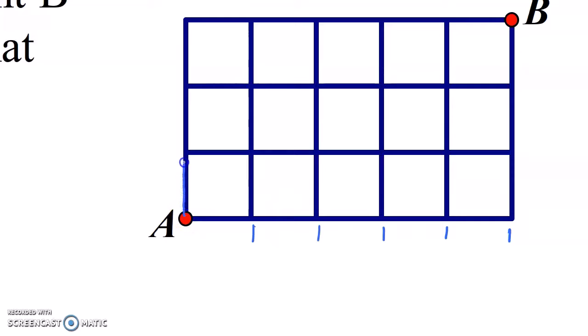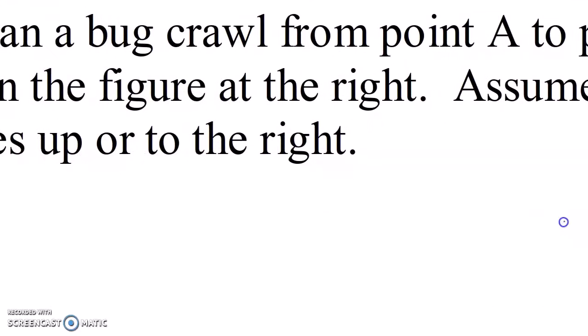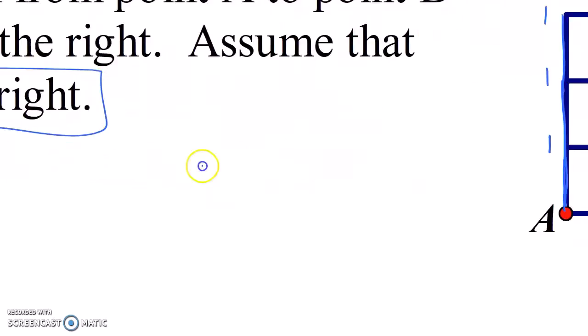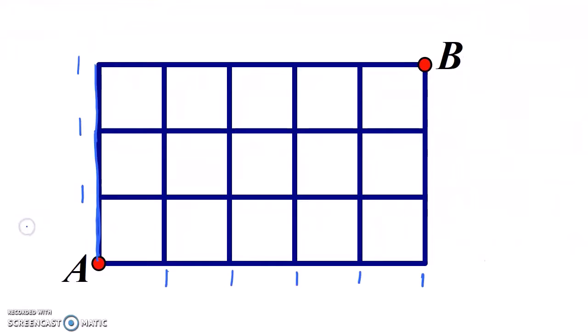If the bug were to move upwards, he would only have one way to get there, only one way to get there, and one way to get there. Because remember, he can't go to the right, up, and then to the left. He can only move up or to the right. So those are his only options, or its only options.